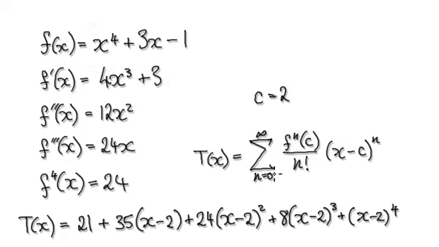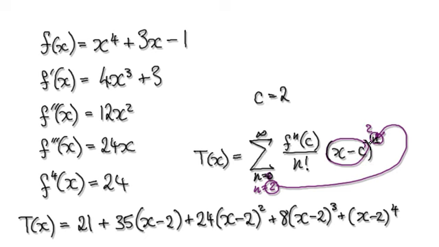And then your next term, you would put n equals 2 into here. So you've got this thing squared, and then later on we've got to divide it by 2, and then put this into the n here.